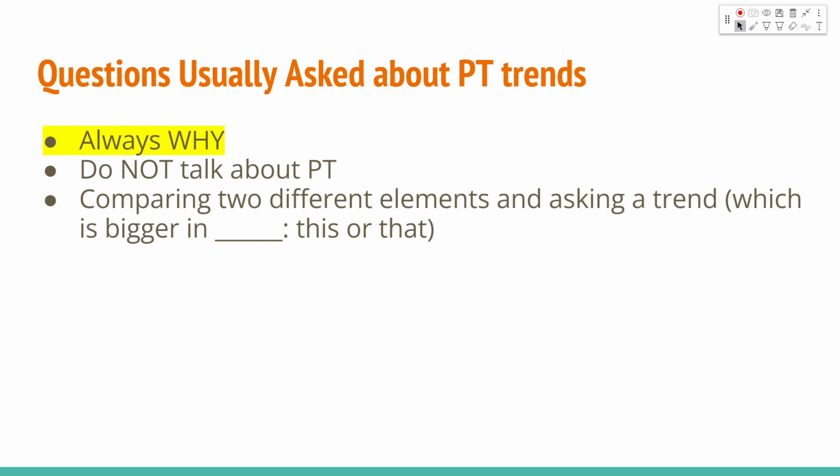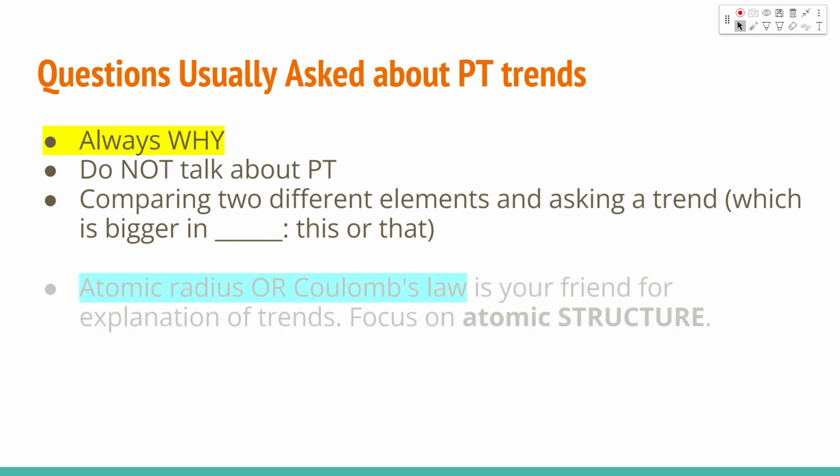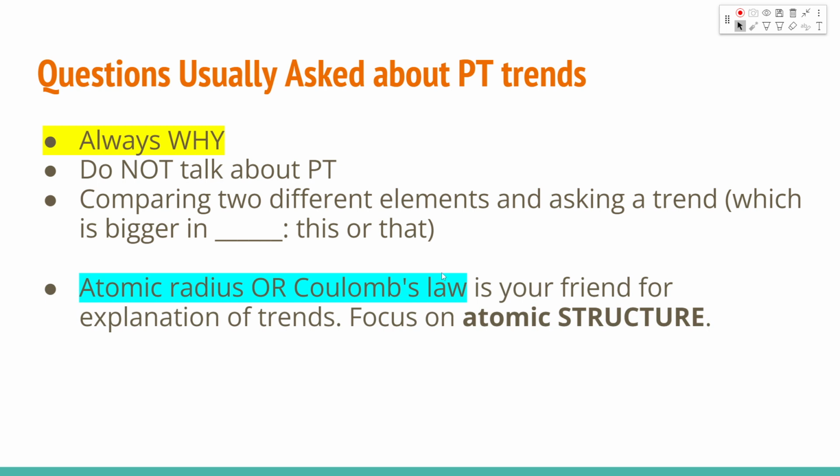You're always going to, or a lot of the time, not always, you're going to compare two different elements about a trend. So if you're given oxygen versus fluorine, and then you're given atomic radius, you need to explain which one's going to have a bigger atomic radius and why. This is both common for MCQs as well as FRQs. Again, Coulomb's law and atomic radius are probably going to be your best friends in these explanations.